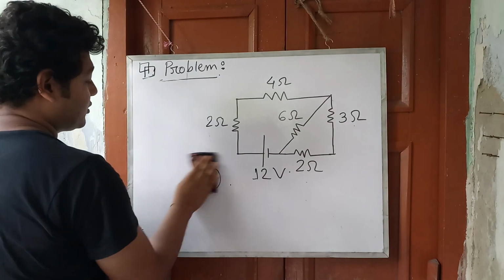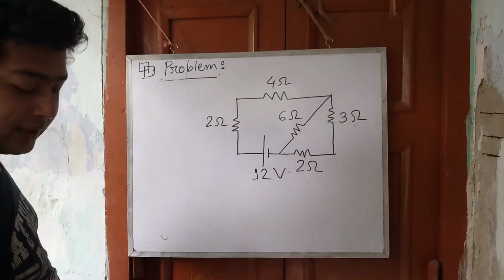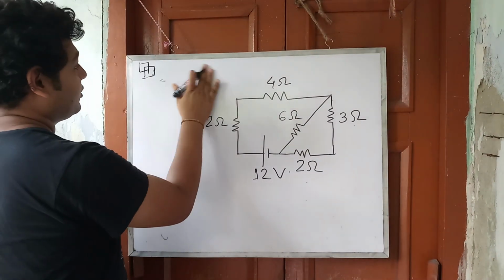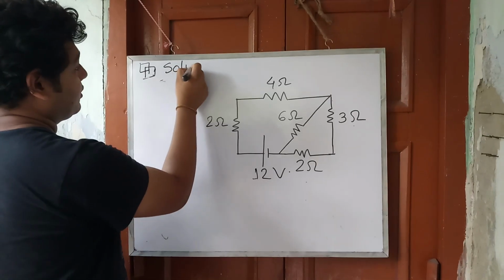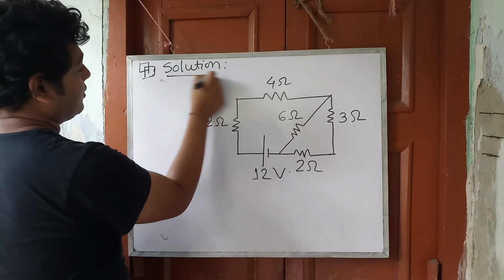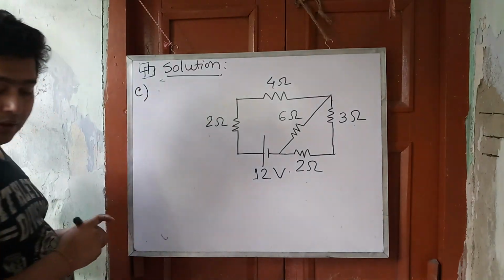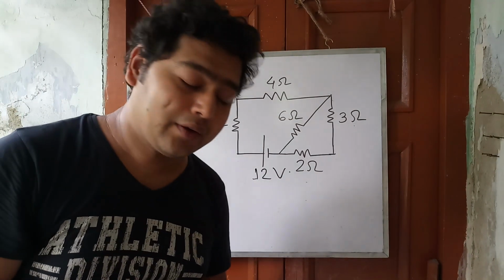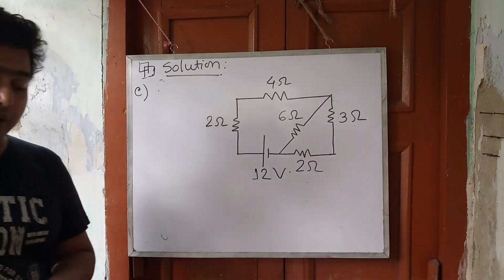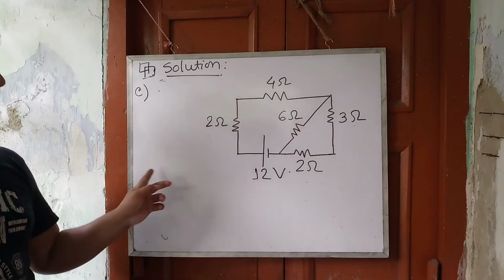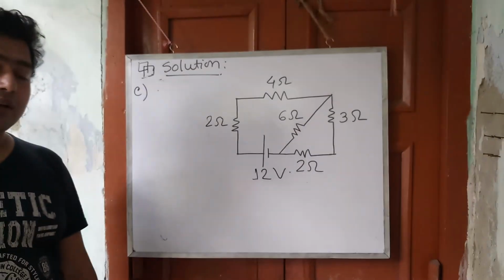First we solve the question number C. Solution. Again I'm repeating, in our question number C, we need to calculate the equivalent resistance of the given circuit.